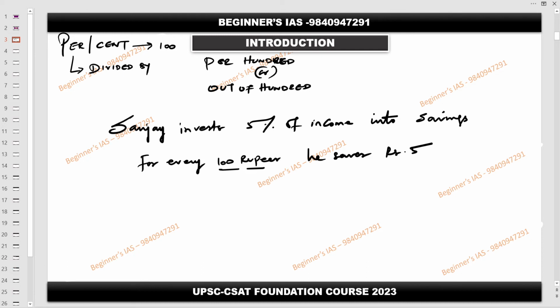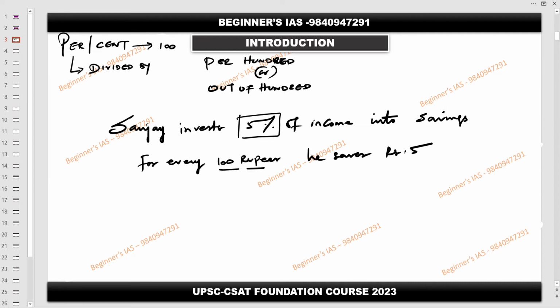Understood or not? So that is called 5% of the income. If you don't know the total income, then consider it as 100. Keep in mind for percentage, if nothing is given, then you consider it as 100, so the simplifications will be simple. Everyone understood, right? For every 100 rupees he saves 5 rupees.